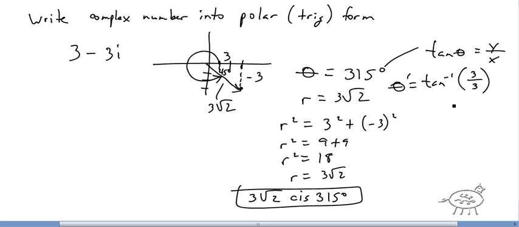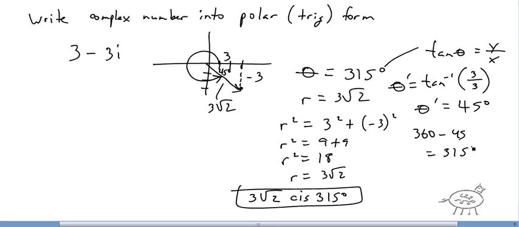And the inverse tangent of 3 over 3, as you know, is 1. Right? I'm sorry, the tangent of what is 1? It's 45 degrees, because the tangent of 45 degrees is 1. And then because we know we're in the fourth quadrant, because it's 3, negative 3, you know it's going to be 360 minus 45, which is 315 degrees.